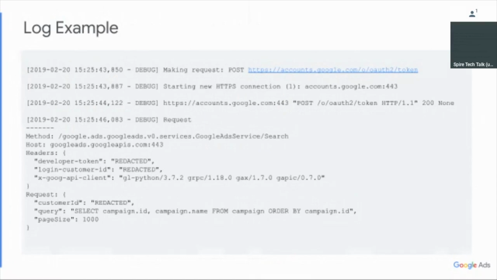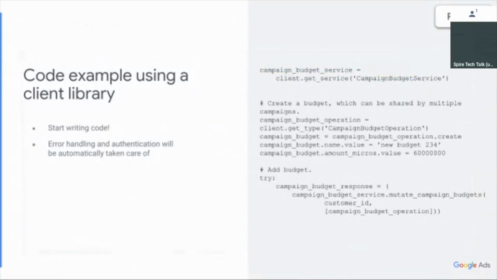You can see that some of the keys like developer token are sensitive information, so we redact them by default. And then what gets sent out as a request: you have the customer ID, the query, the page size, and the response that comes back as well.